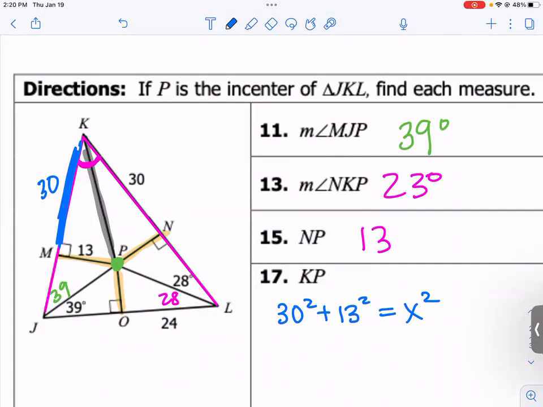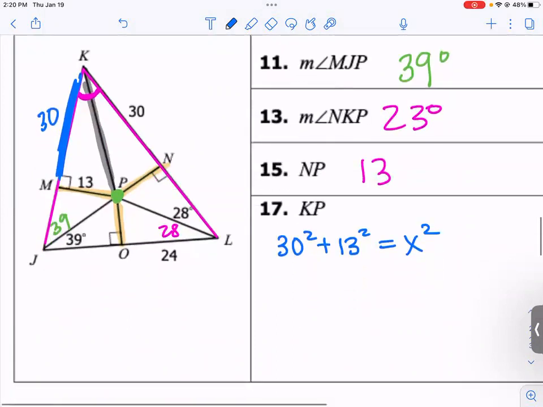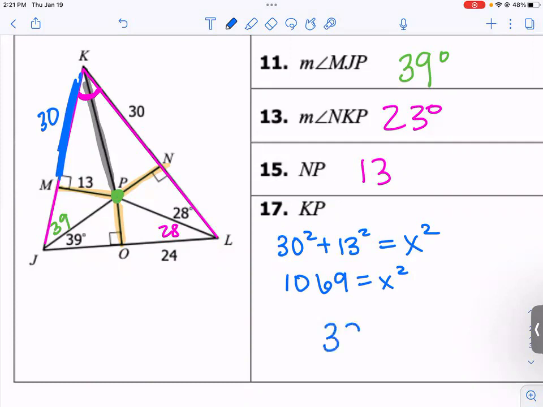This guy is 30, and we're looking for the hypotenuse. So this time we're gonna have 30 squared plus 13 squared. 30 squared is 900, 13 squared is 169, which is about 1,000. Square root is 39. Oh, good.